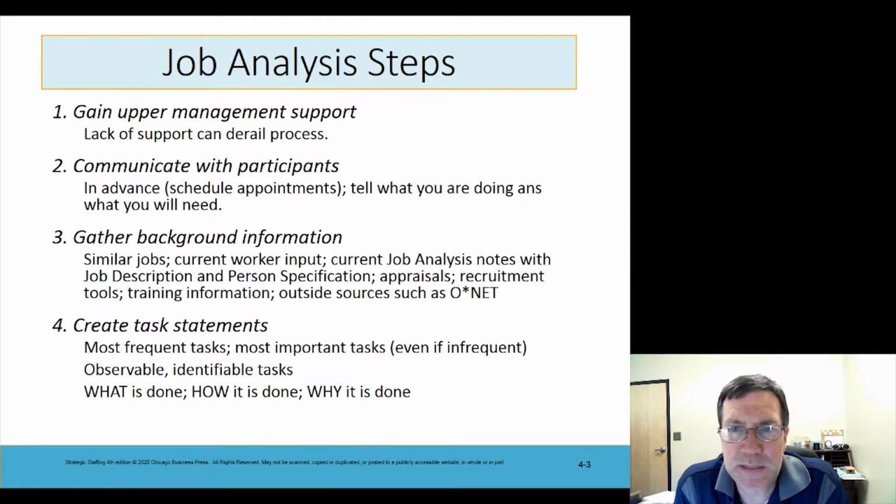So create task statements, summarize in a phrase what you hear, which may be the beginnings of the essential functions of the job. What are the most frequent tasks? What are important tasks that may not happen very often? What are the observable things that you do? If I ask you to summarize in 2 minutes what you do, the things that come to mind the quickest are probably the essential functions of your job, and they're very identifiable.